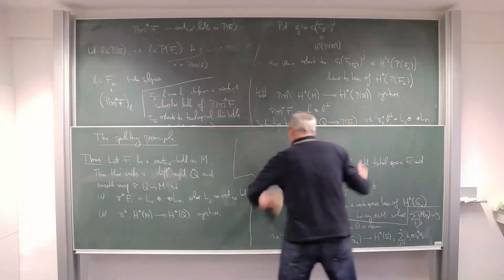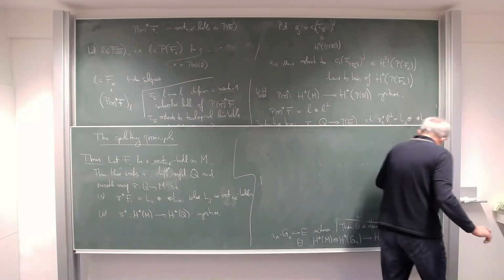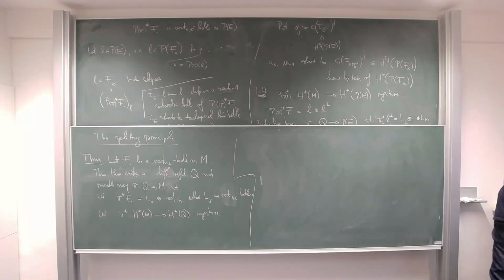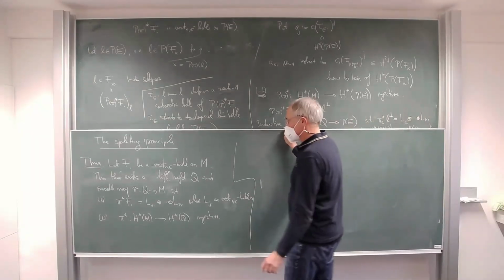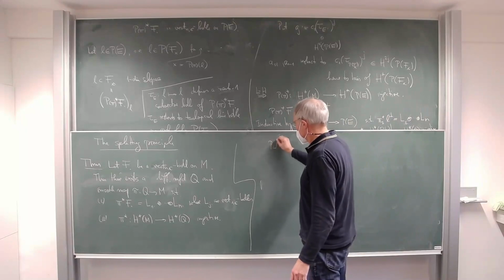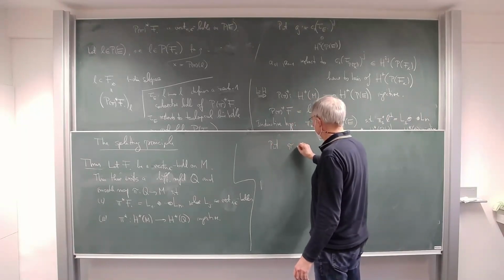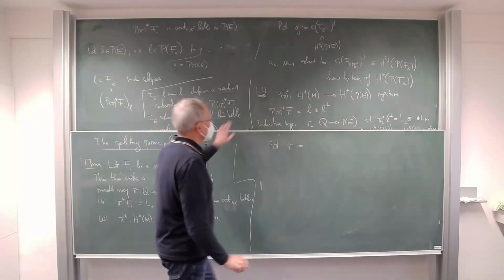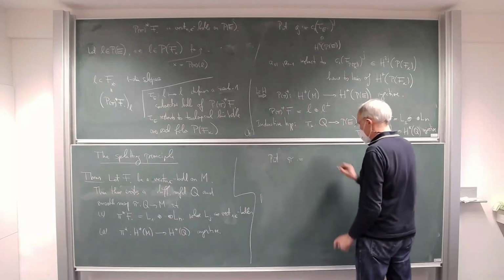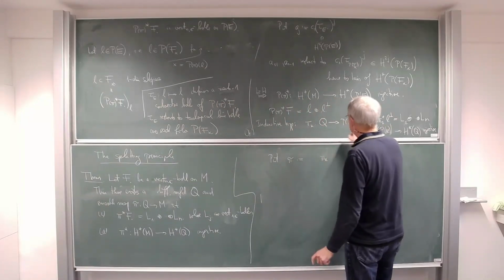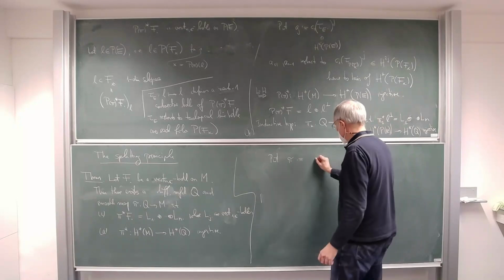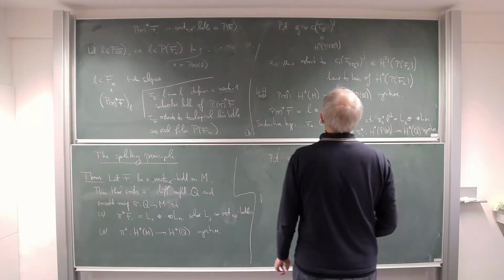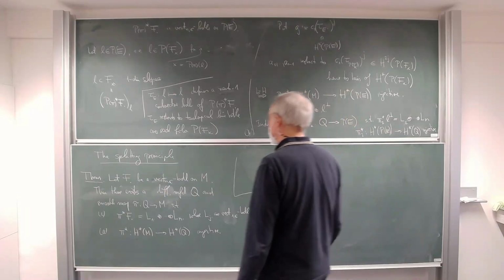Don't need this anymore. And so now I put pi equals pi 2. First, it must be a map from Q to M. So first we map to P of E, which is pi 2. And then from P of E we map down to M, which is the projection map. Oh, it's a problem because I've used pi twice.